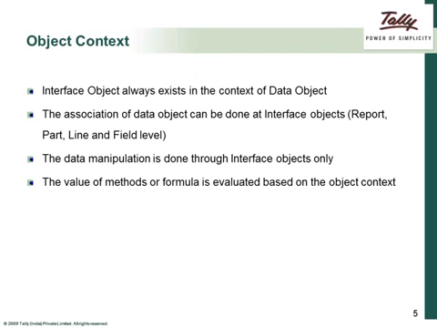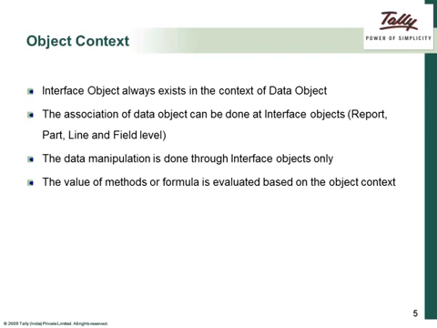Hence, every interface that you see is in context of a data object. So every interface object always exists in the context of a data object. No matter what you see on your screen, there has to be an existence of a data context in case there is a value retrieved from your database.